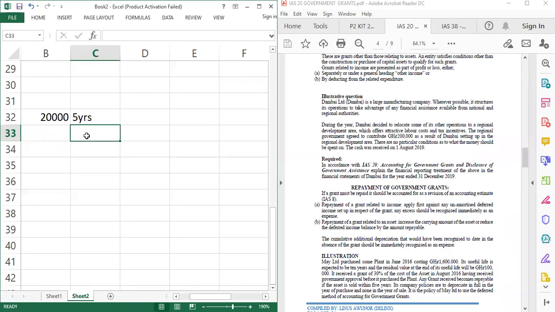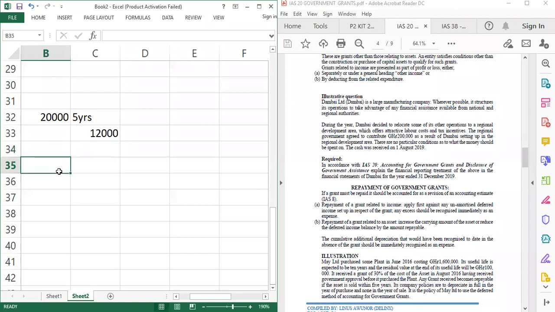What will be the remaining portion of the grant in your statement of financial position? This is for 5 years, and you have spent 2 years already. What will be the balance of the grant left? 12,000. That will be 12,000, isn't it?